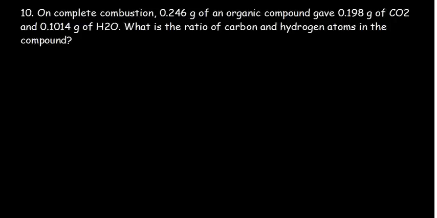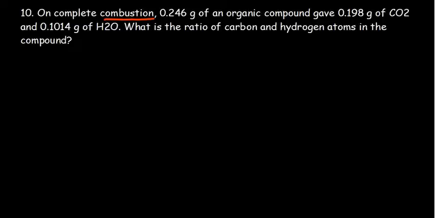We are now on 10. On complete combustion, 0.246 grams of an organic compound gave 0.198 of carbon dioxide and 0.1014 of water. What is the ratio of carbon and hydrogen atoms in the compound? The basic idea here is combustion.